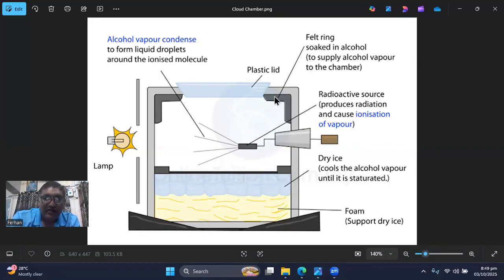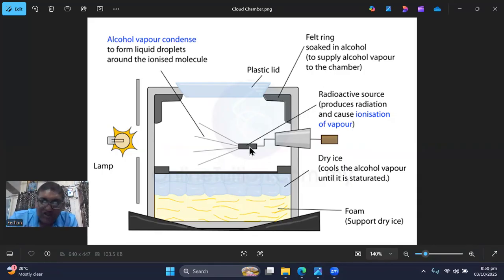Here on these corners, we have alcohol. You can take cotton and soak it in the alcohol, and we put the alcohol here.